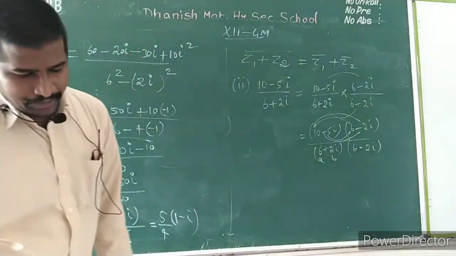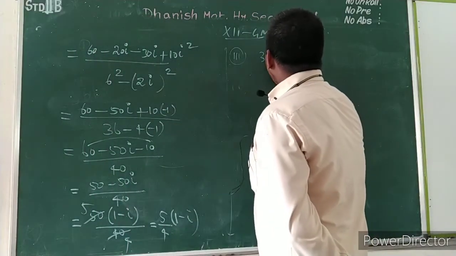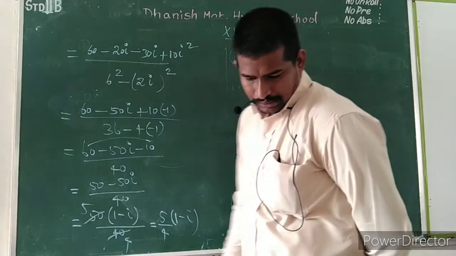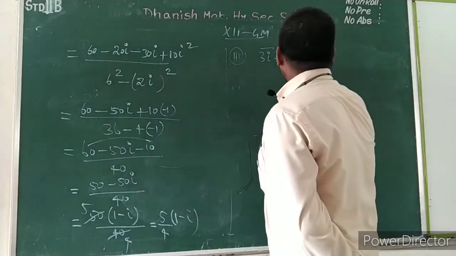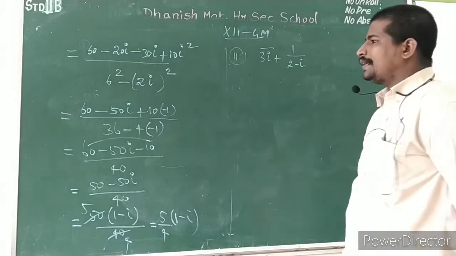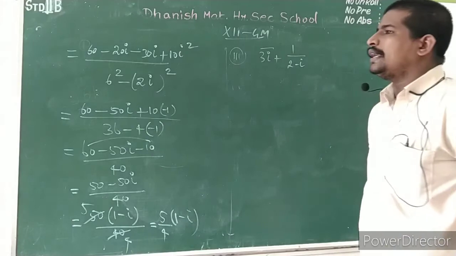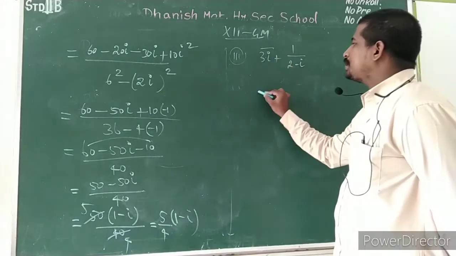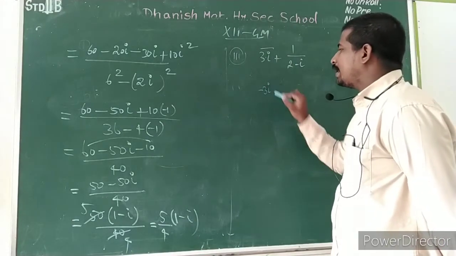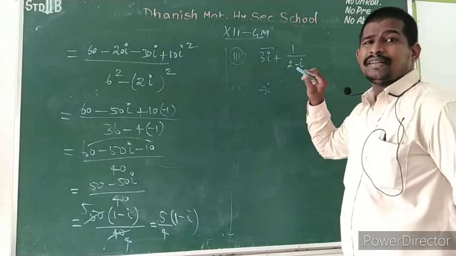Then look at the third one. Here we are having (3i) bar plus 1 by (2 minus i). Now I am going to rewrite the given term in rectangular form. See, what's our first term? 3i bar. The conjugate of this will be minus 3i. Here we are having only one term, that is an imaginary term.